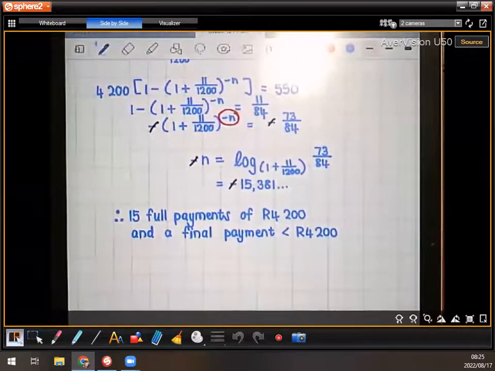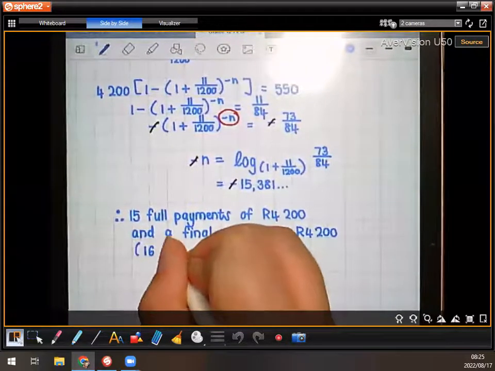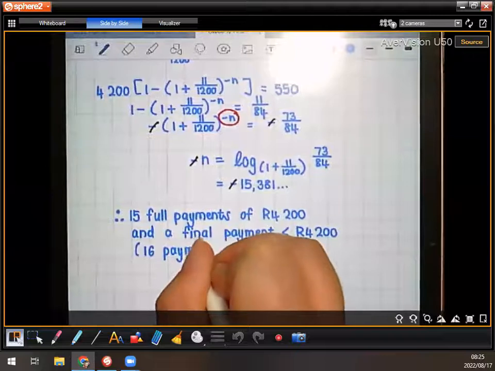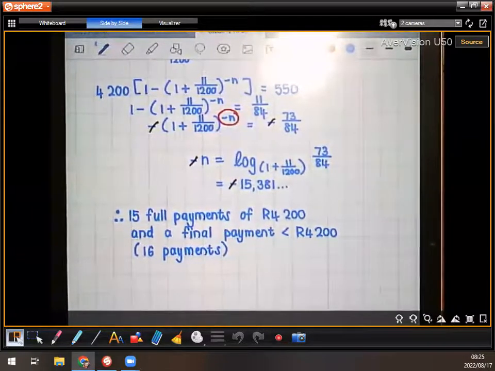So technically 16 payments. In brackets, you can just put there that you're going to have 16 payments, but in terms of the details, because we are going to discuss it on Friday, it will be 15 full payments, and then the final payment will be less than the 4,200.